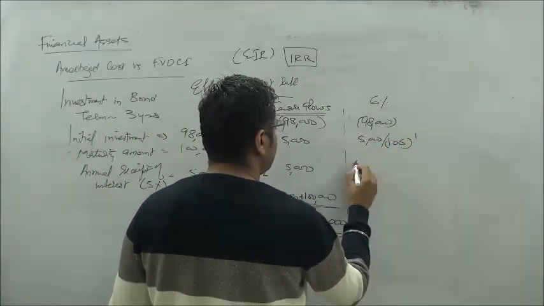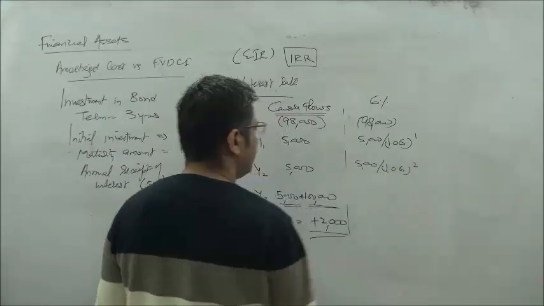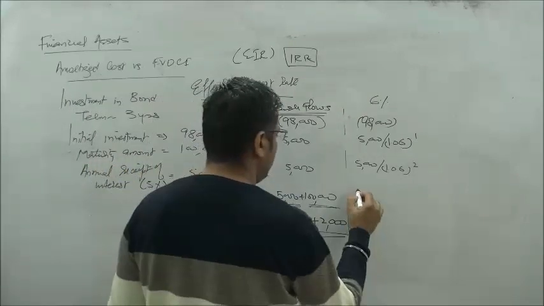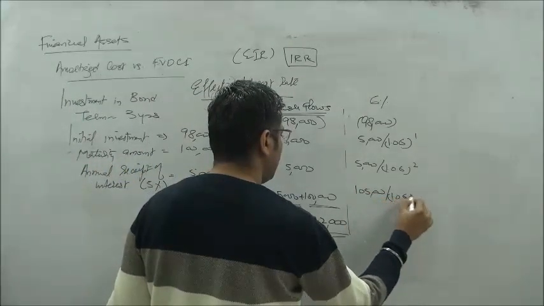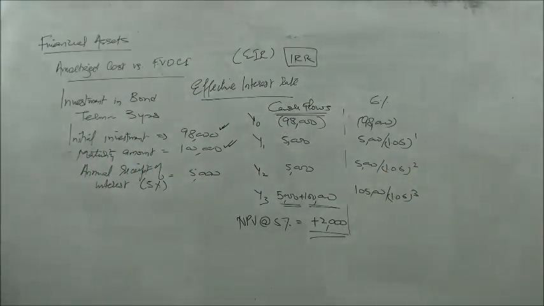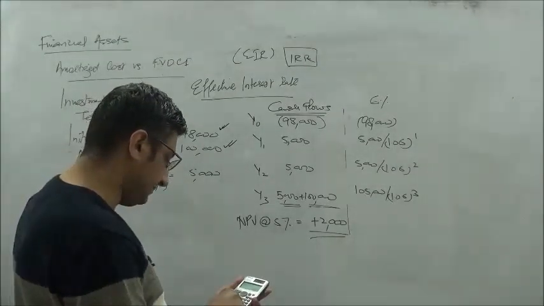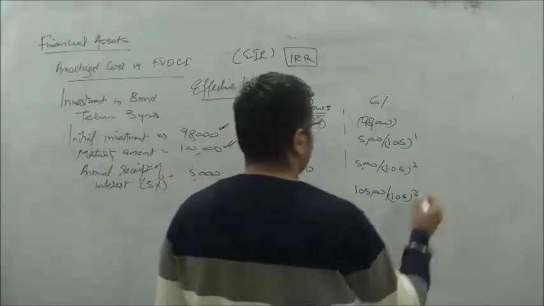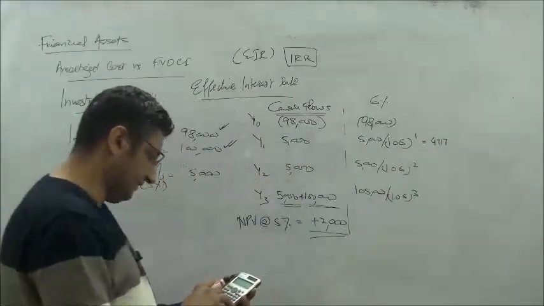5000 divided by 1.06 to the power 1, then 5000 divided by 1.06 to the power 2, and 105 divided by 1.06 to the power 3 here. Okay, and when I do these calculations, I'm saying this comes at 4717.